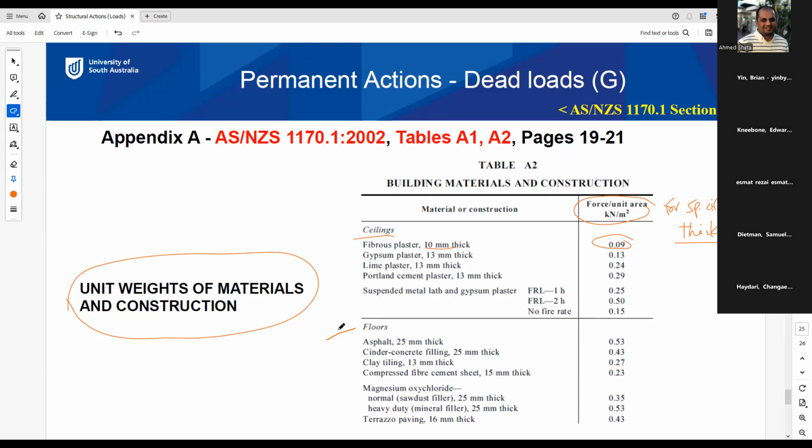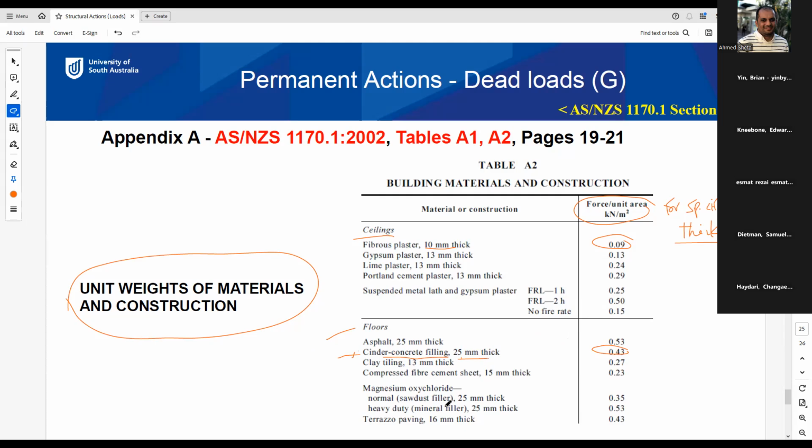For example, here for floor, we have cinder concrete filling, for example, 25 millimeter thick. So the density is 0.43, or sorry, the force per unit area is 0.43, and so on. So all the material you might be using will be given here in the tables A1 and A2.